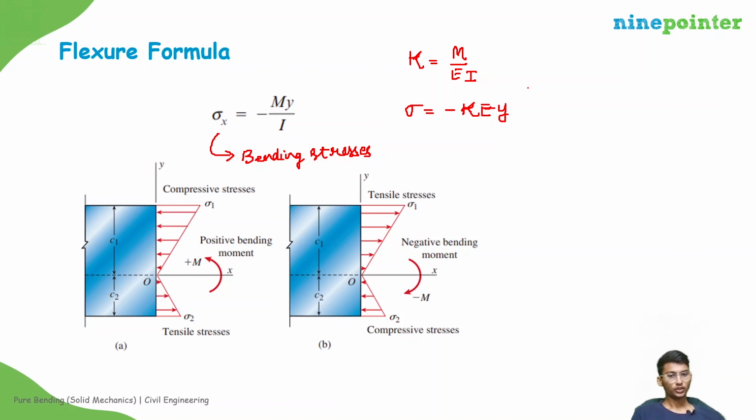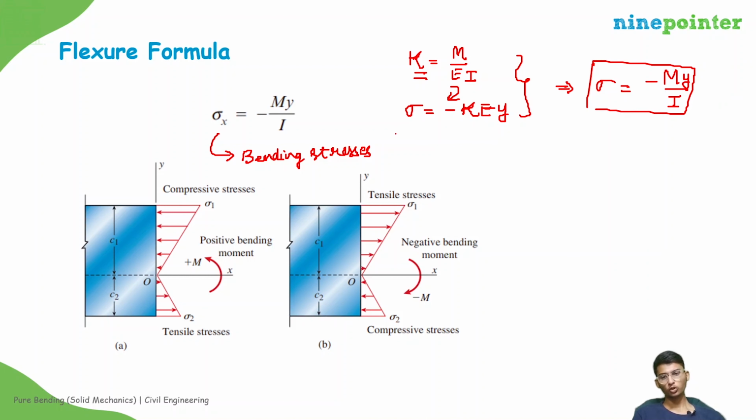If you substitute the value of kappa in this sigma, you get sigma equal to minus My by I. This is known as the flexural formula. So these bending stresses are also known as flexural stresses. And this EI is known as flexural rigidity.